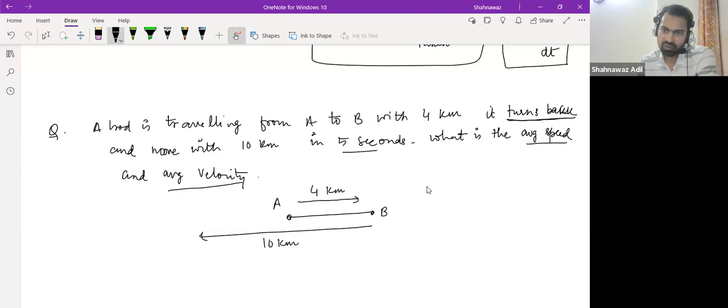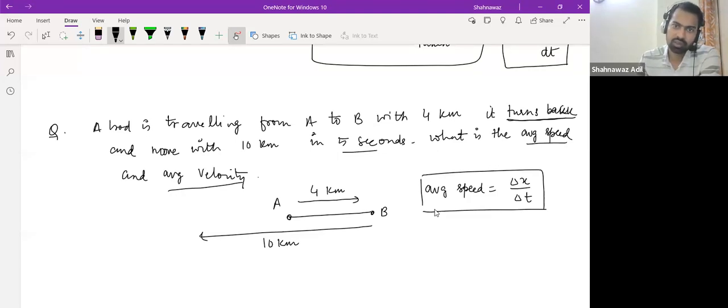So what is the average speed? Average speed would be delta x by delta t. Is this clear, guys? Delta x would be simply x final minus x initial, by time t final minus t initial.